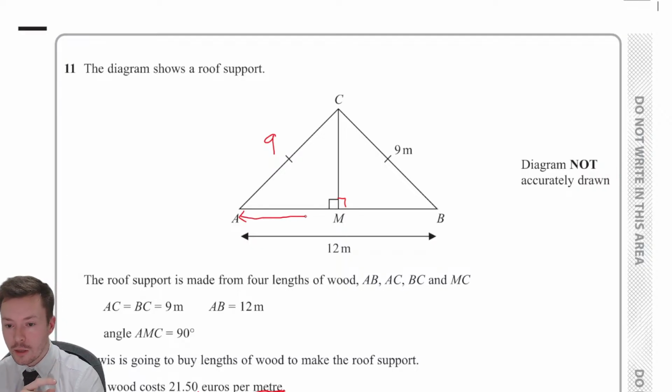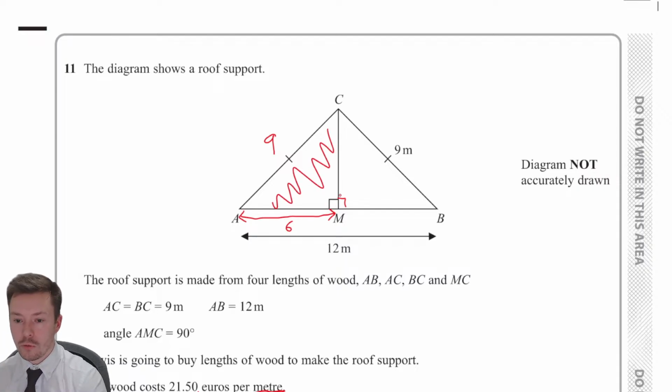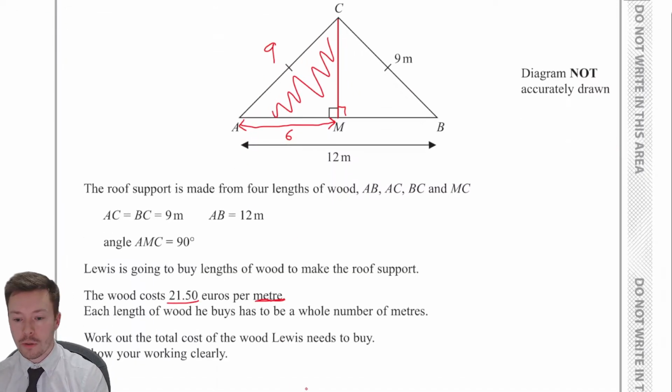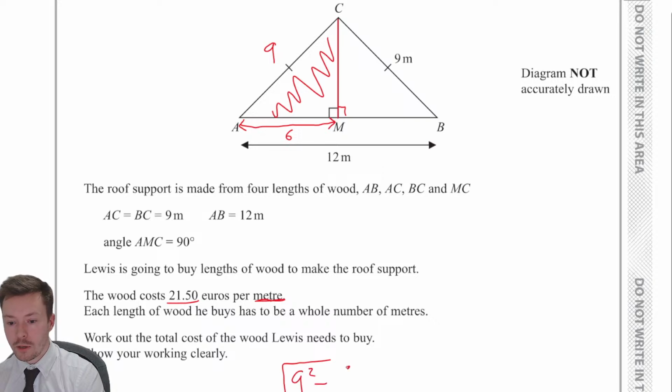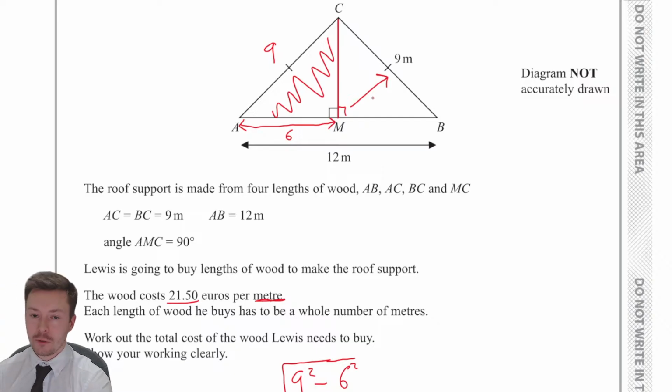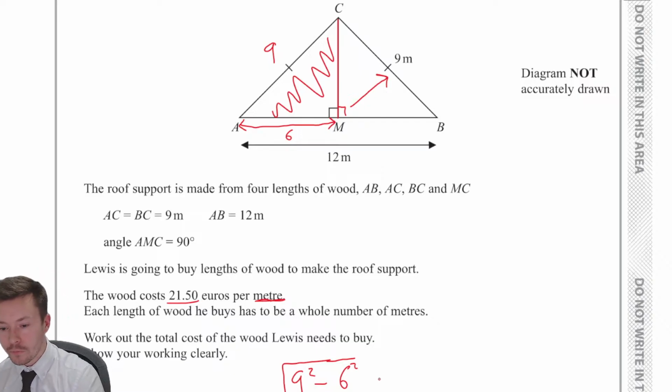So this length here must be 6, which means if we just look at one triangle, so this left-hand one, to work out the height, M to C, we need to use Pythagoras. Now, to use Pythagoras, we are going to do square root of 9 squared minus 6 squared, and we're subtracting because we're working out a shorter side. If we're working out the hypotenuse, then you square, add, square root.